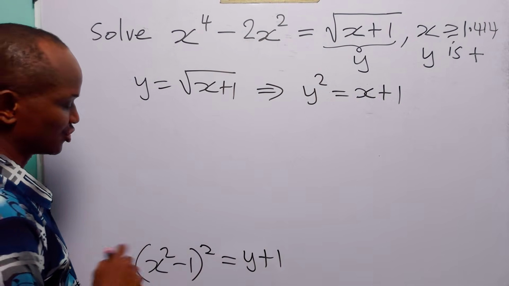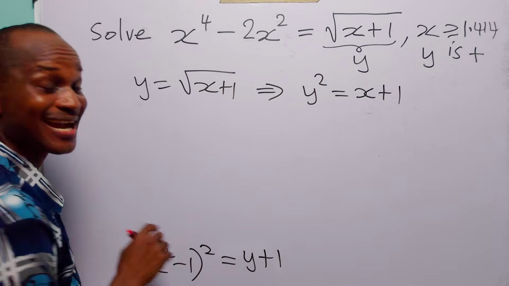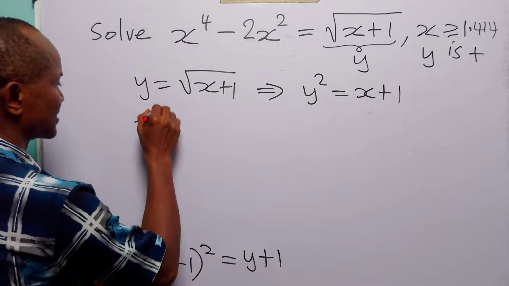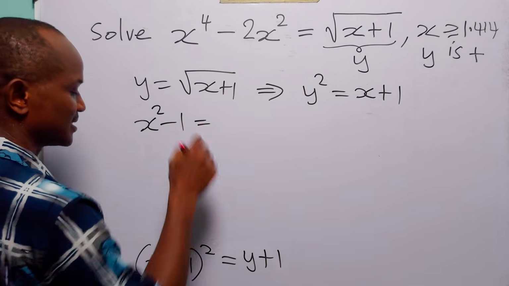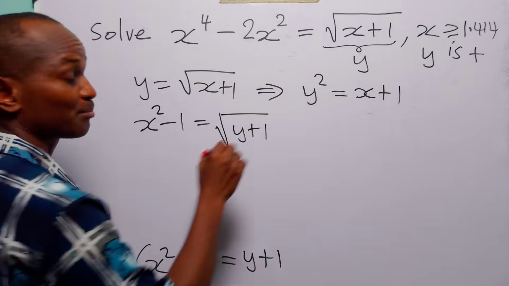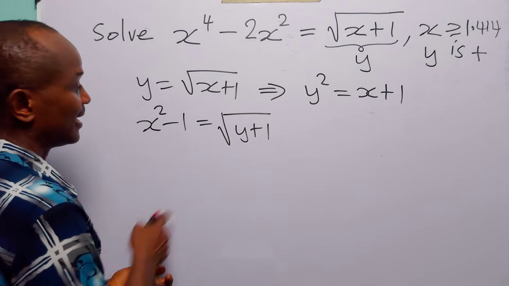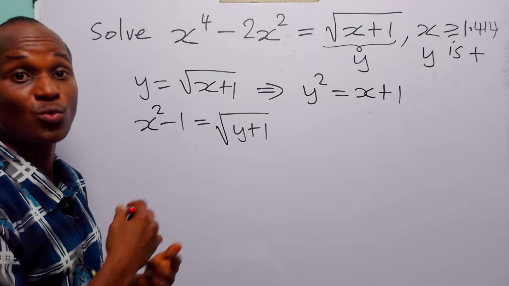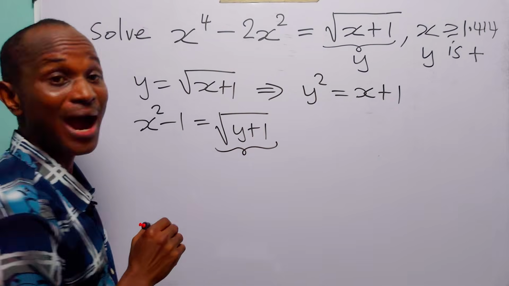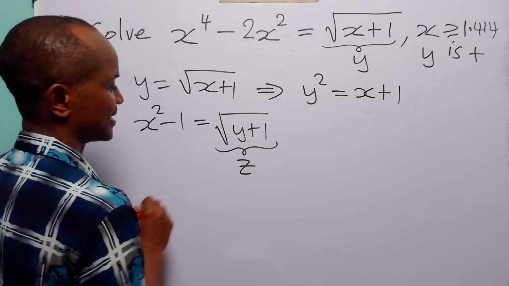Now, the next thing we are going to do is to take the square root of both sides of this equation. When we do that, we have that x squared minus 1 is equal to the square root of y plus 1. Now, at this point, once more, we do a substitution. Let us call the square root of y plus 1 z.